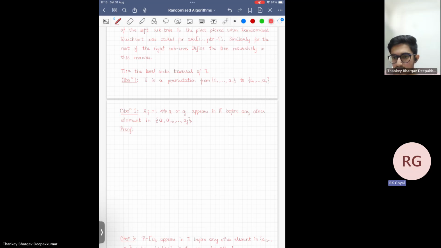Because if we could have selected one element as a pivot element in this set, then some of the elements might have moved to the left half and some of the elements might have moved to the right half. So until I pick some element in this set as a pivot, they would appear together, right?